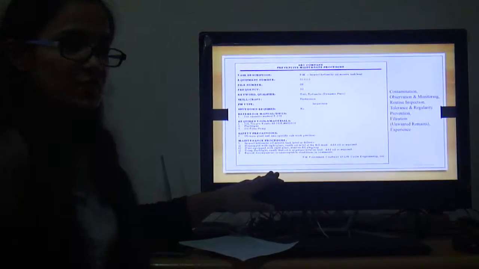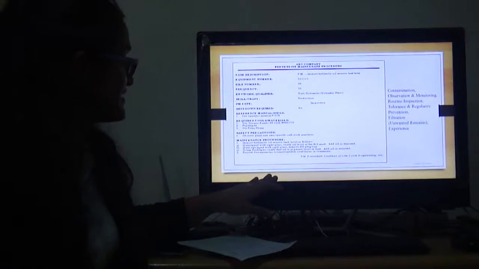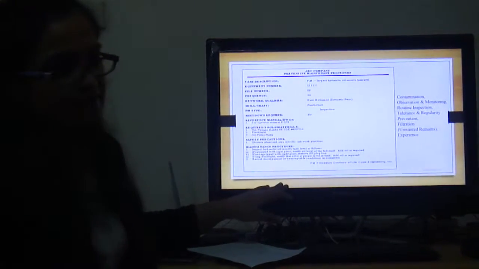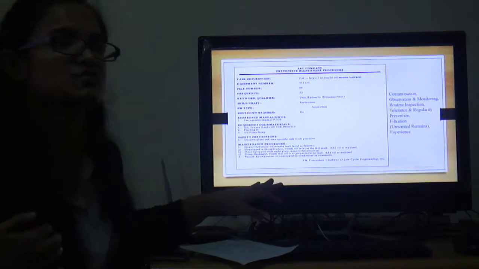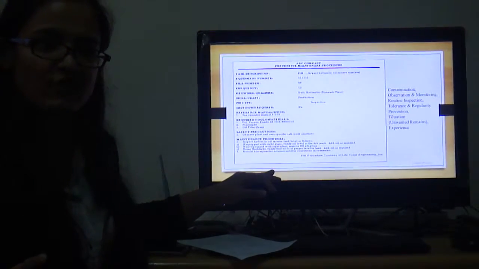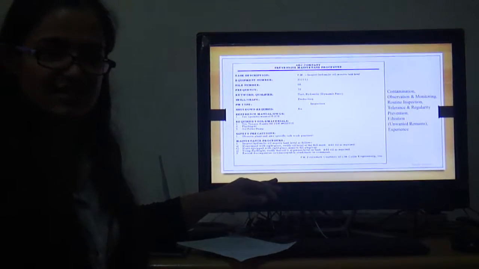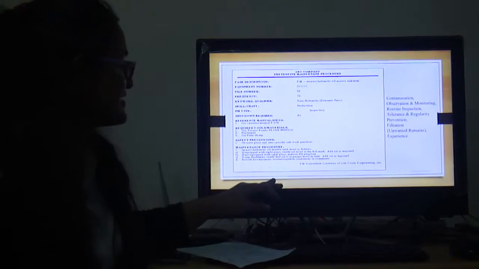Observation and monitoring are the most important thing. We have to observe and monitor our systems. That obviously comes under routine inspection. Routine inspection is done by someone who's pretty experienced, and they go down to the work site and check, okay, this is working, this is functioning, this is wrong, we need to fix this.